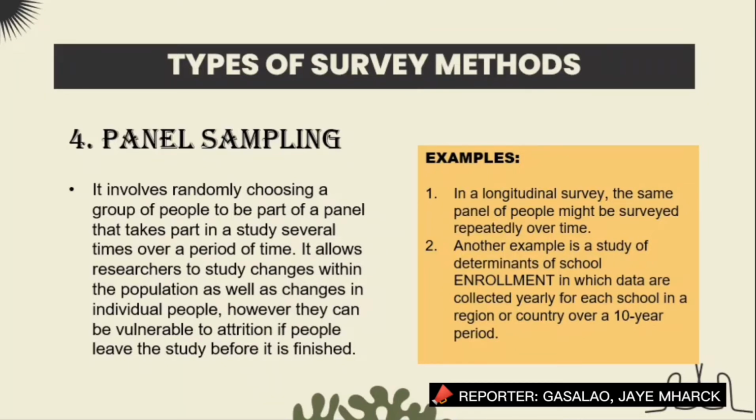For example, in a longitudinal survey, the same panel of people might be surveyed repeatedly over time. Another example is a study of determinants of school enrollment in which data are collected yearly for each school in a region or country over a 10-year period.